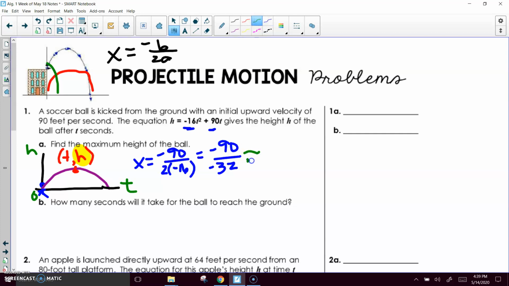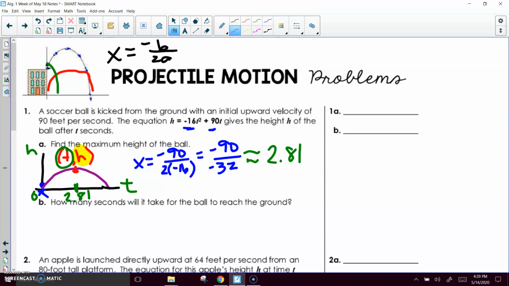And that gives us approximately, let's round to the nearest hundredth, 2.81. So right there is 2.81 seconds. That's my x value. I want to know the maximum height, so I need to know the y value.